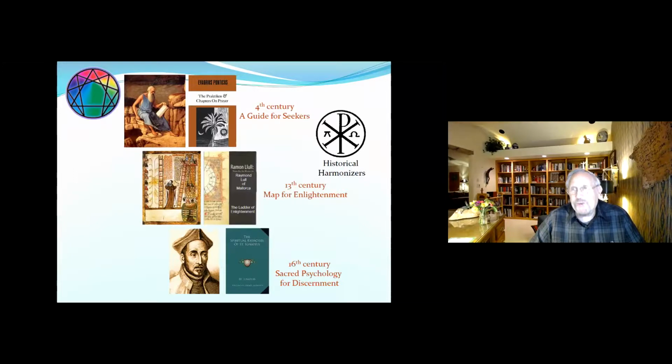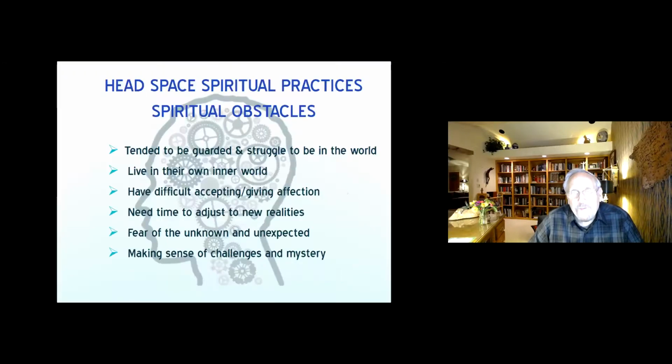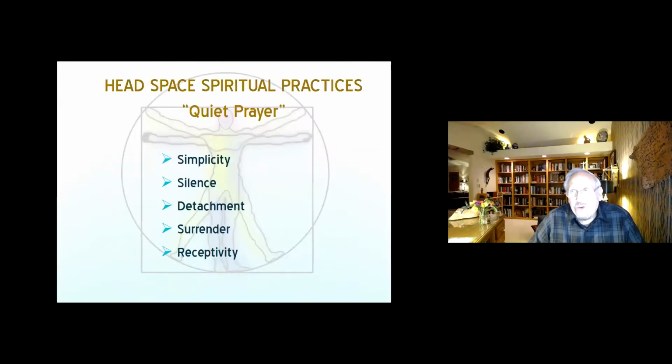There's a 4th century, a 13th century, and a 16th century manual, all from the Christian tradition, that talk about the practices that best could be a map for the spiritual seeker to move out of their personality and towards that holy idea or that soul child self. So there's some general things there.